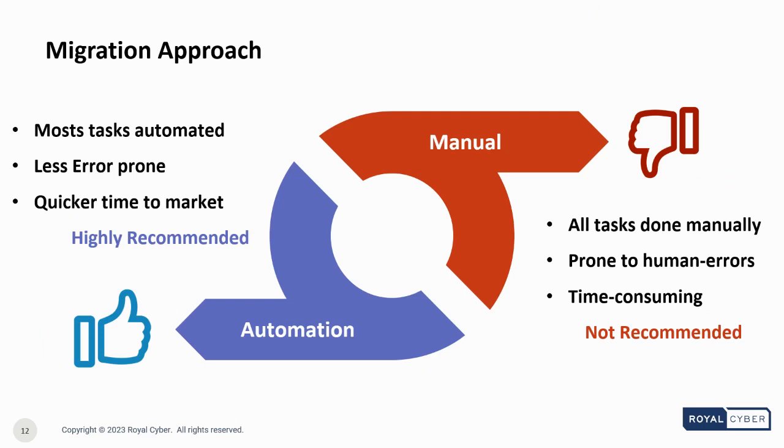So with the manual migration approach, what's wrong with that? All the tasks are done manually, which takes a considerable amount of time, and most of which are prone to human errors. That is why it's time consuming, and so we don't recommend it. However, with the automated migration approach, some or all of the tasks, or the majority of them, could be automated or semi-automated.